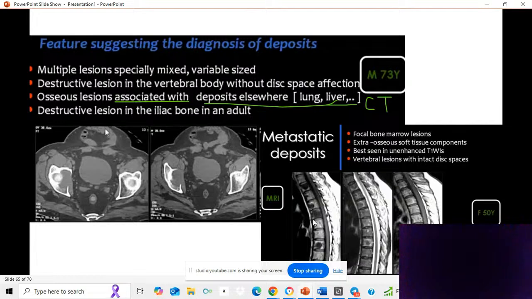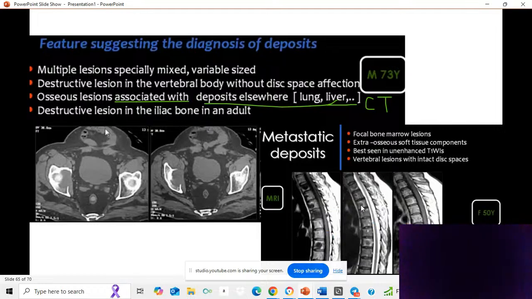and the vertebral body destructive lesions are best seen in the unenhanced T1 weighted image. This is a characteristic finding on MRI. The destructive bony lesion is best seen on the unenhanced T1 weighted image.